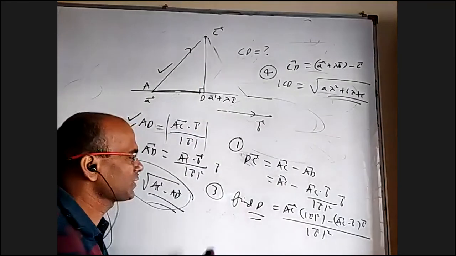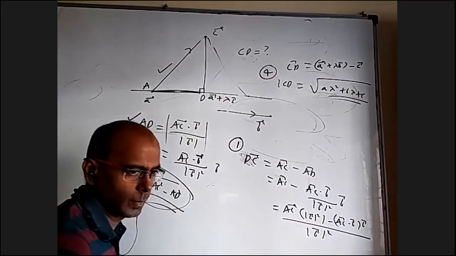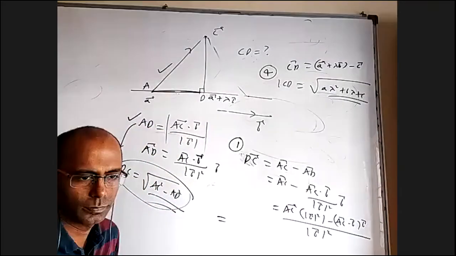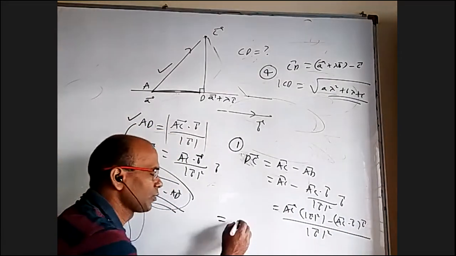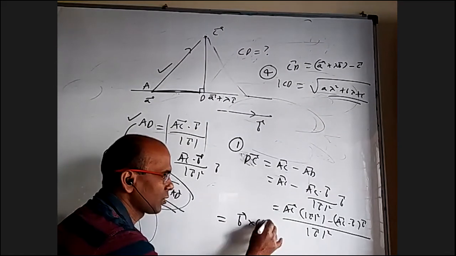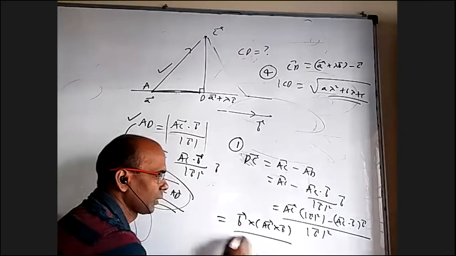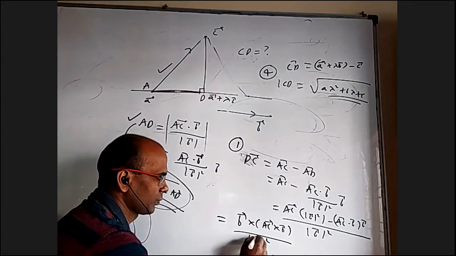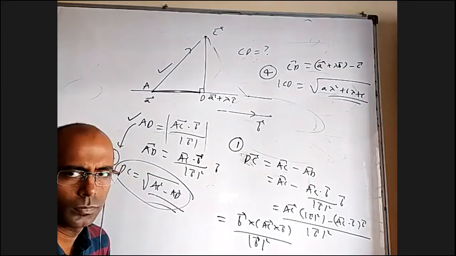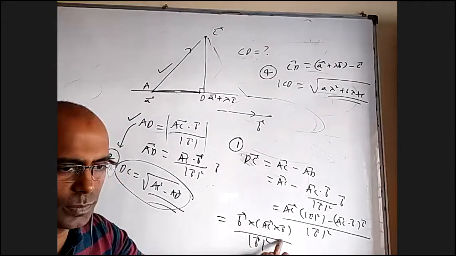There is another way to express this DC bar. This numerator is actually a vector triple product. How is that? It is b bar cross AC cross b by mod b bar square. Am I correct? What is the formula for b cross AC cross b?